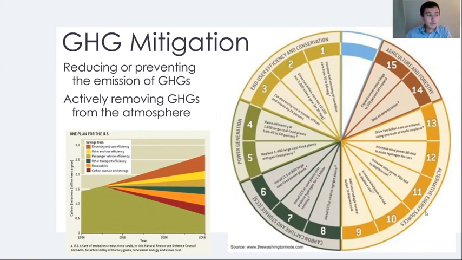I'm going to go through a few of the main wedges that come to my mind to give you a sense of the biggest sectors of the economy that can make the biggest changes in order to mitigate climate change. Some of these will be familiar to you. Some of these will be pretty far on the nerd scale. So I will do my best to make it clear, but also concise for you.